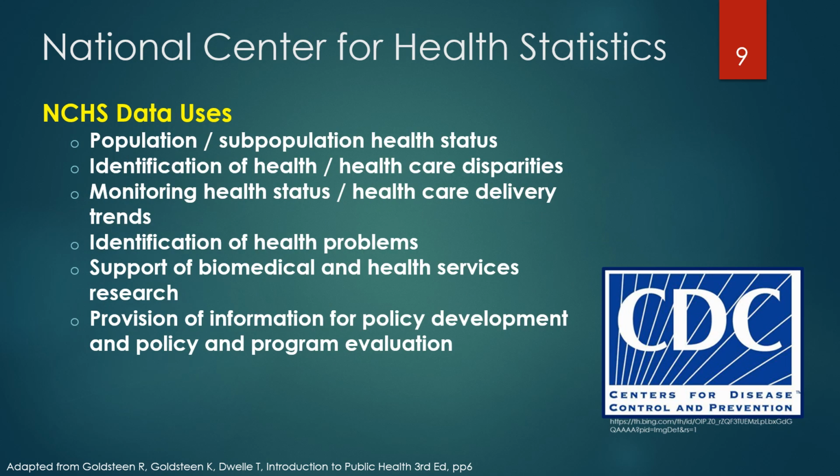NCHS data is used for the documentation of population and subpopulation health status, identification of health and healthcare disparities by race or ethnicity, socioeconomic status, region, and other population characteristics, description of healthcare system experiences, monitoring health status and healthcare delivery trends, identification of health problems, support of biomedical and health services research, provision of information for policy development and policy and program evaluation.